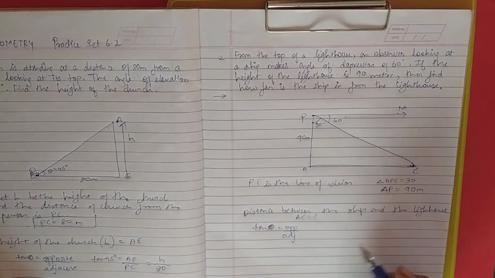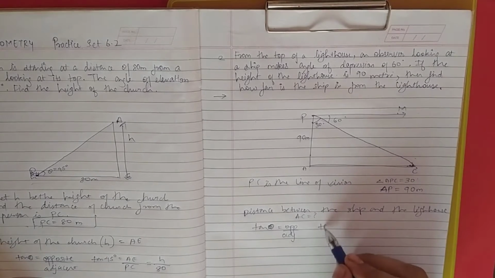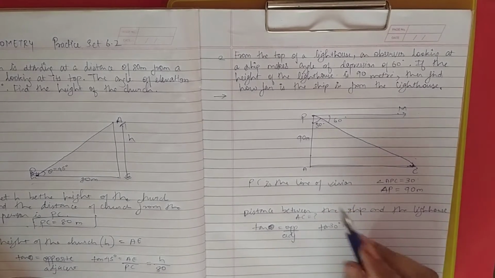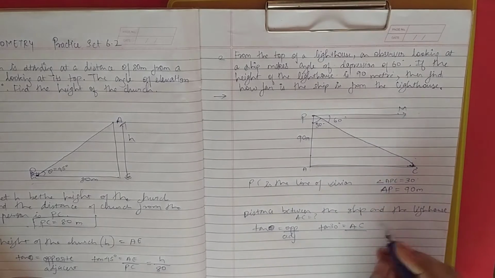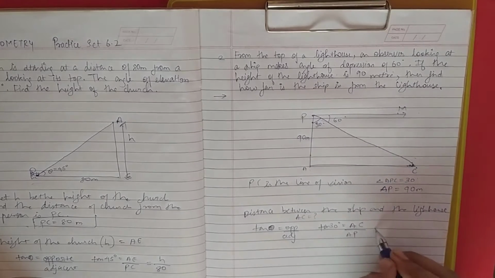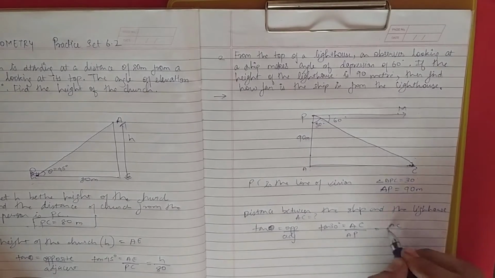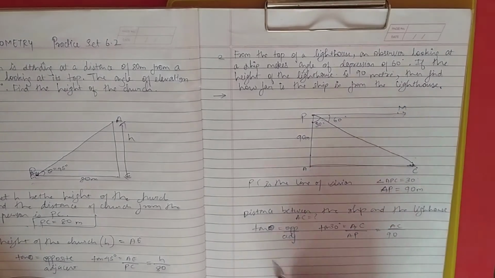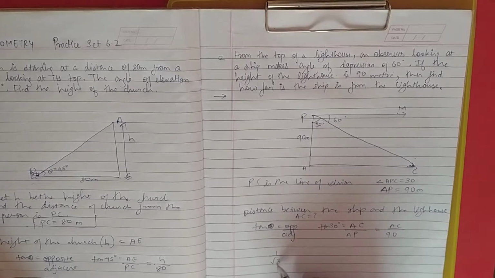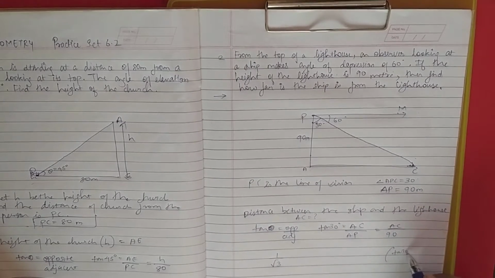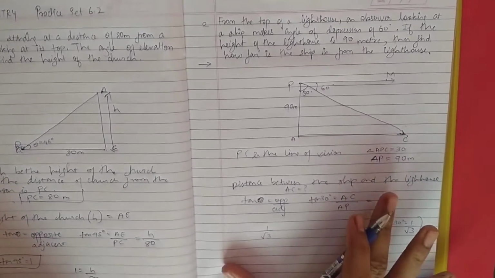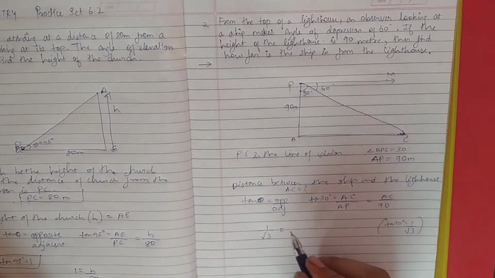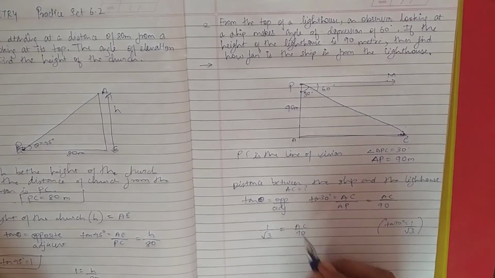Theta here is 30 degree. So tan 30 degree will be the opposite side AC upon the adjacent AP, which is 90 meter. Tan 30 is 1 upon root 3. So 1 by root 3 will be equal to AC upon 90 meter.